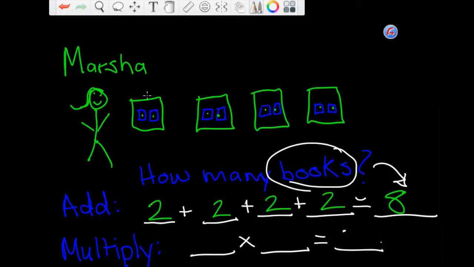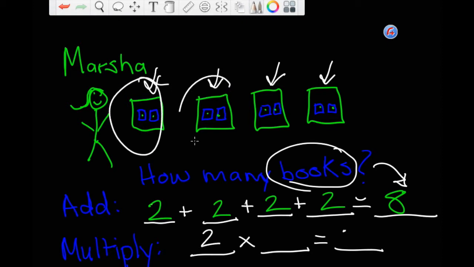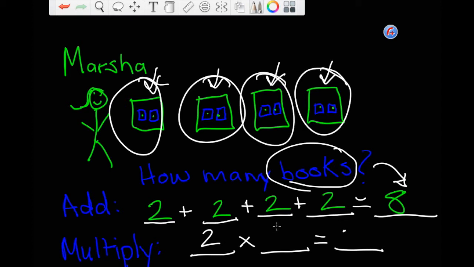Well, I know that there are 2 in each box. 1, 2, 1, 2, 1, 2, and 1, 2. So I know that it's 2 times something. Well, really, I can just figure out how many boxes are there, or how many groups of 2. So here's 1 group of 2, 2 groups of 2, 3 groups of 2, and 4 groups of 2. So I've got 2 times 4.